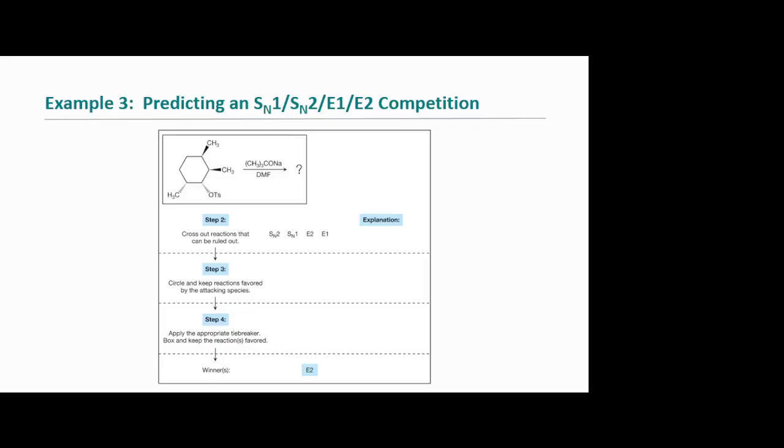This both happens at that step. The fact that we have a polar aprotic solvent tells us which steps are going to be favored here. SN2 and E2. You got it. And so we had a base, a bulky base. Which one are we going to tend to favor here? We're going to tend to favor a little bit E2.